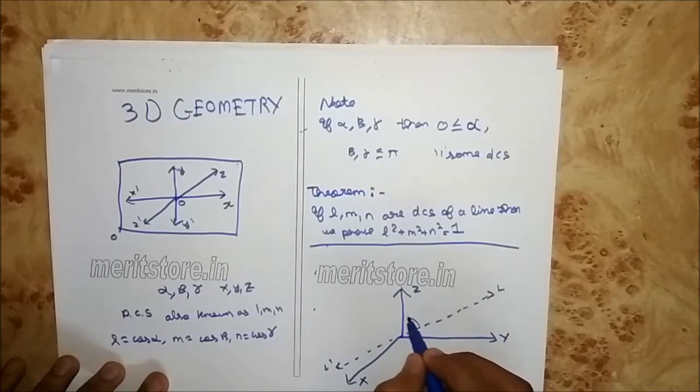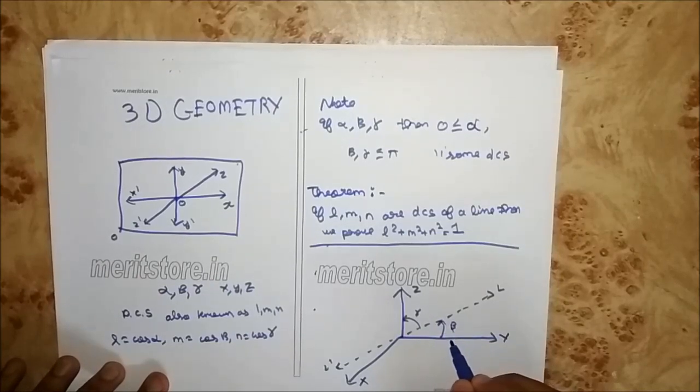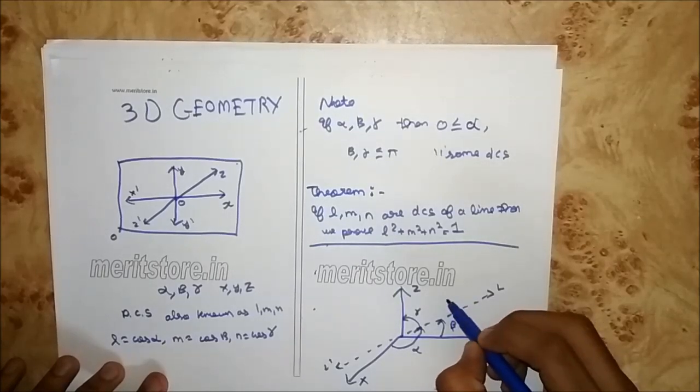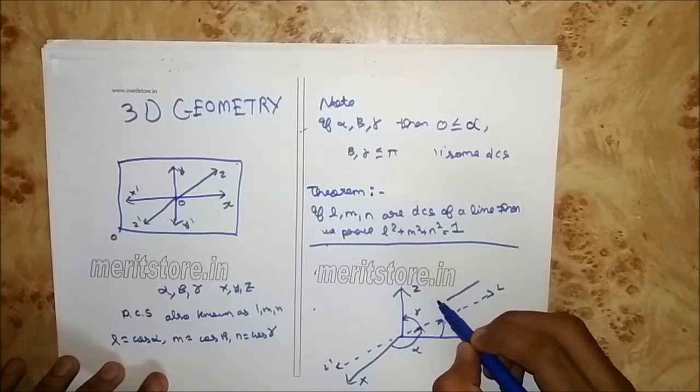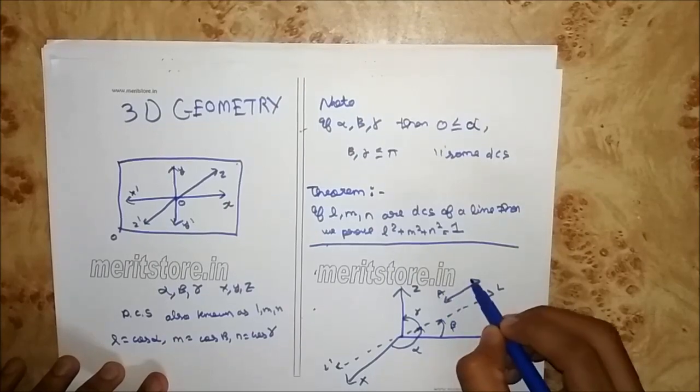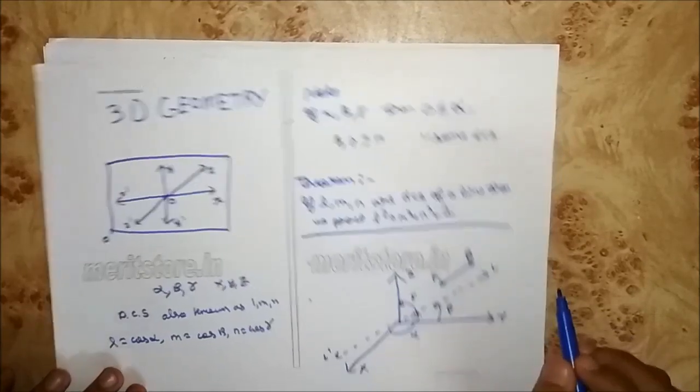Let it make gamma here. This angle should be beta, and this angle be alpha. Let there be another line AB. Okay, so let's start the proof.